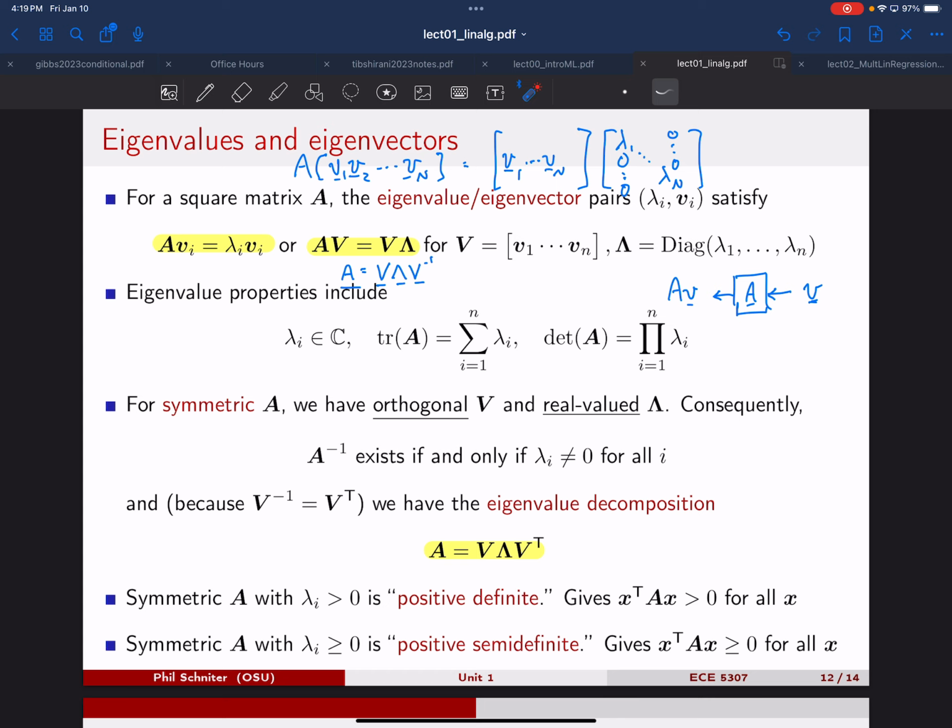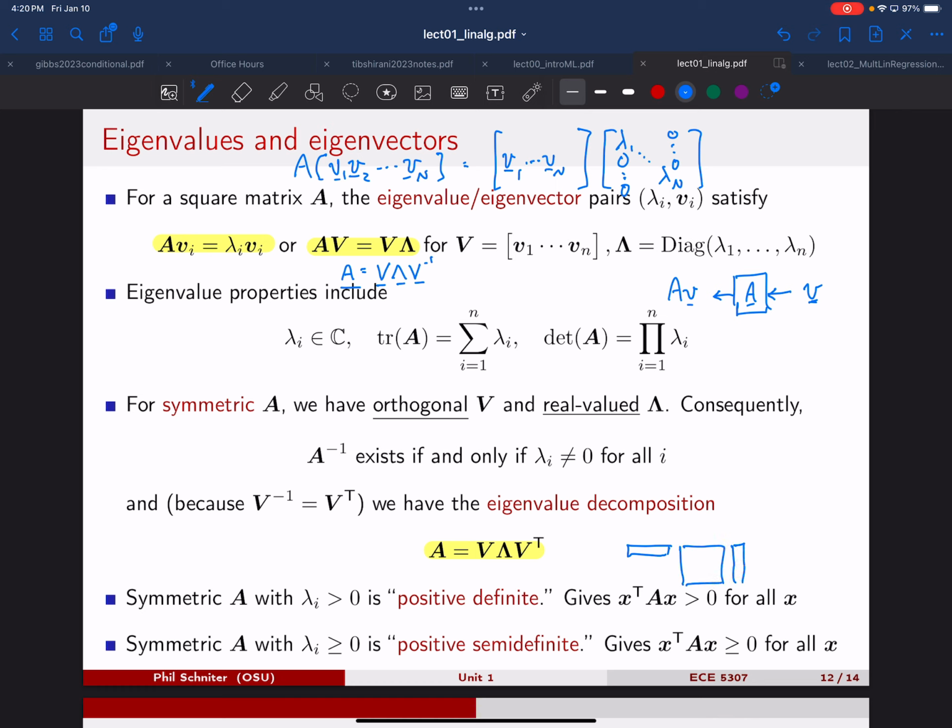Okay, and then just some terminology. When you have a symmetric A with positive eigenvalues, we call that a positive definite matrix. And when you have symmetric A with non-negative eigenvalues, we call that a positive semi-definite matrix. And some important properties are that if you take this positive definite matrix and you surround it by X transpose and X, let's think about what that looks like. So X transpose is going to be a row vector. A is a matrix.